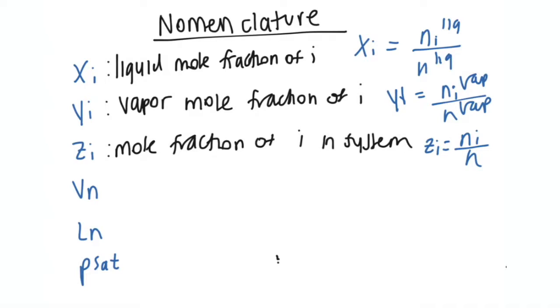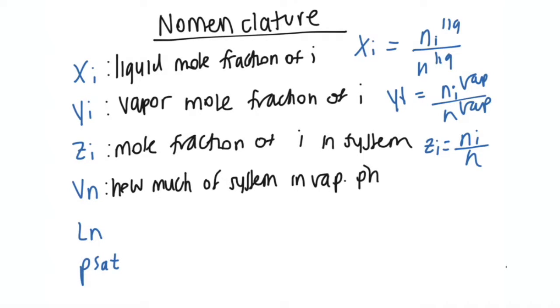V subscript N is how much of the system is in the vapor phase. So like I said, I have a cylinder with vapor and liquid. Well, how much of that cylinder is vapor? How much of that cylinder is liquid? How much of the system is in the vapor phase? And it's probably pretty obvious. L subscript N, how much of the system is in the liquid phase?